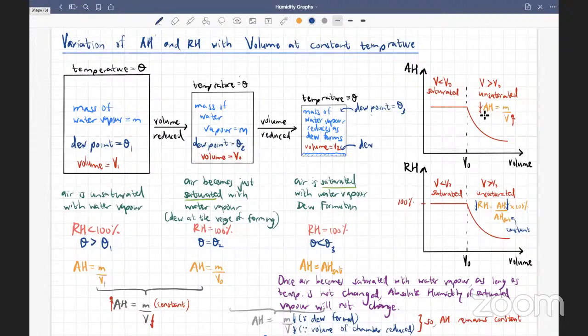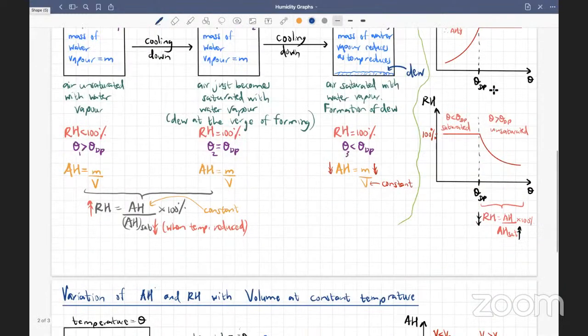So let's try to focus on this. I'm not going to repeat it over and over again. The class is being recorded, so if you have any confusions, you can rewatch it and get it clarified. We have spent all this time to get these 4 graphs.